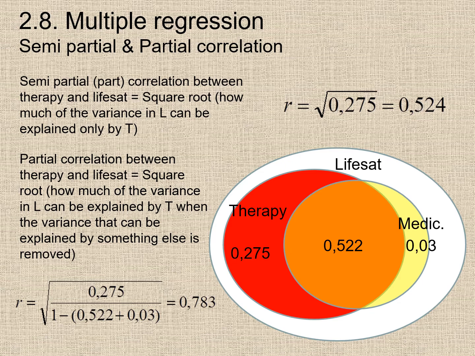Okay, we come to a few special cases of regression. So far we talked about linear regression, but not all associations are linear. Imagine we have data like this, for instance. Medication and life satisfaction.